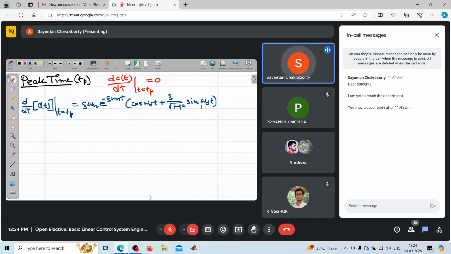This is for the first part, and for the second part, we'll have plus e to the power minus zeta omega n t into omega d sine omega d t minus zeta omega d cos omega d t, after suitable manipulation, everything calculated at t equal to Tp, that is equal to 0.